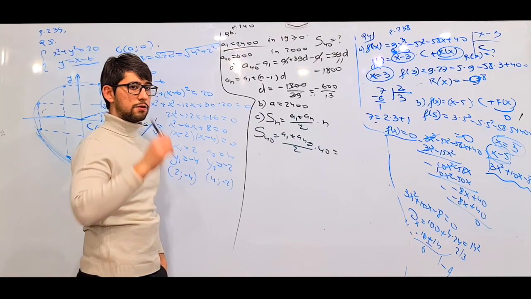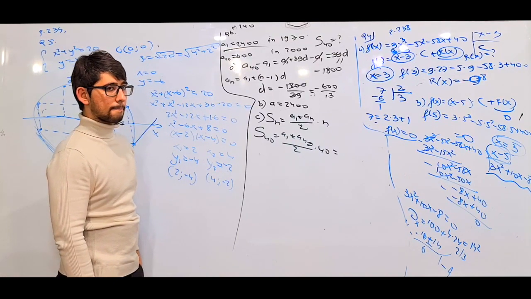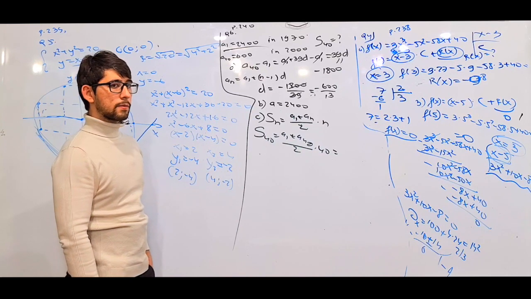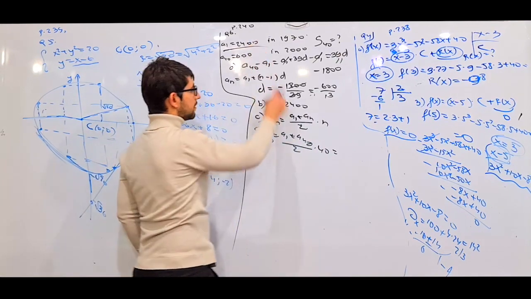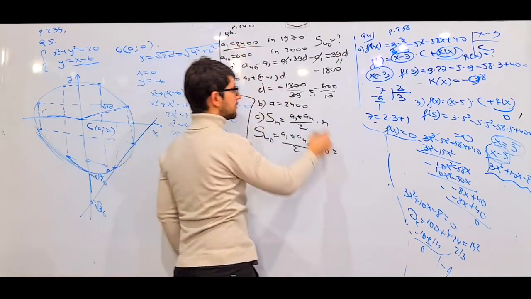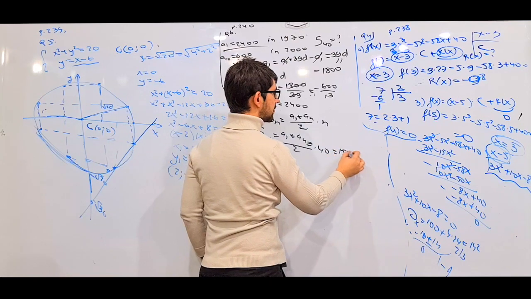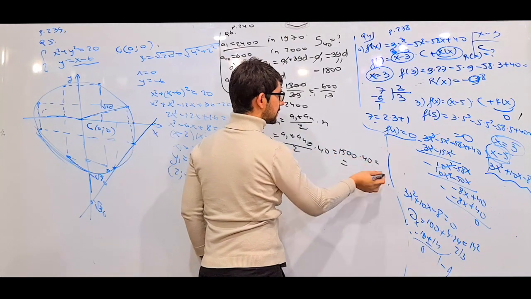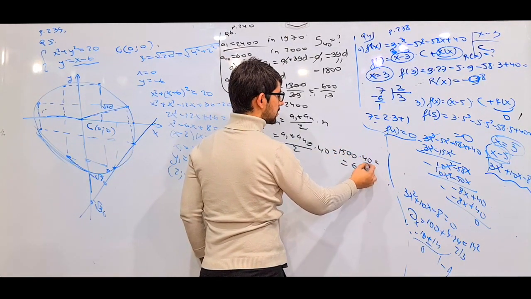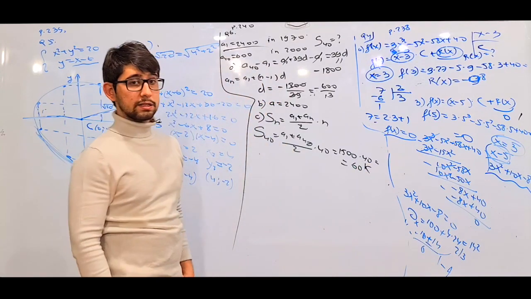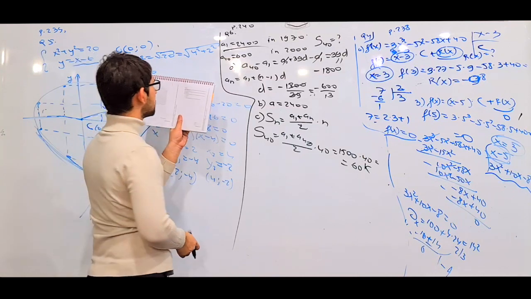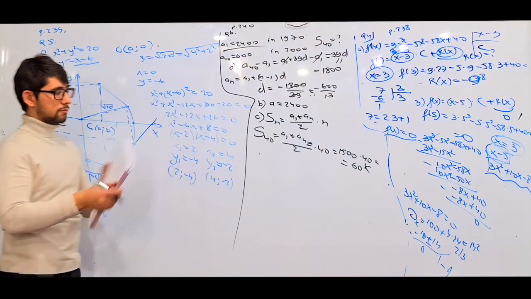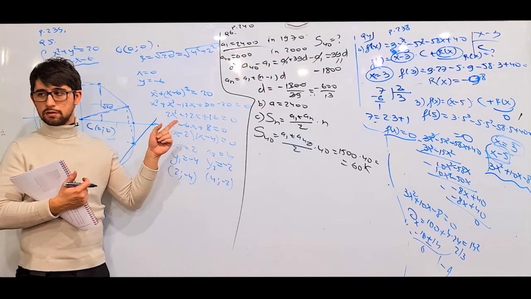The first term is 2,400 and the 40th term is 600. You will add it, 3,000. Divide by 2, 1,500. You will multiply it by 40. That is 60,000. Done. Do you have any questions from question 6?